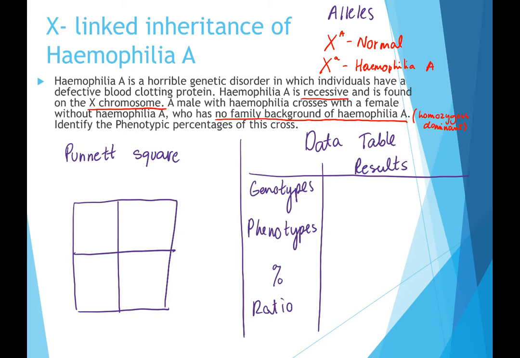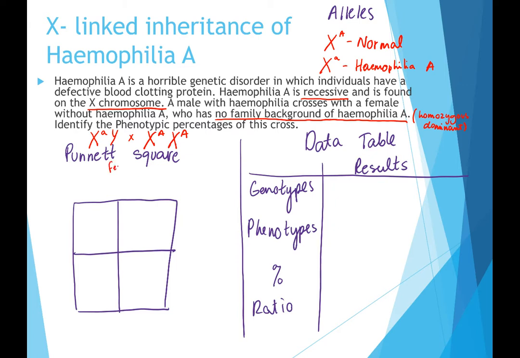So we have a male with hemophilia. Okay, so he actually has to be X little a Y. All right, and we're crossing him with a female with no family background. So X big A, X big A. Okay, so now let's do the female up the top here.